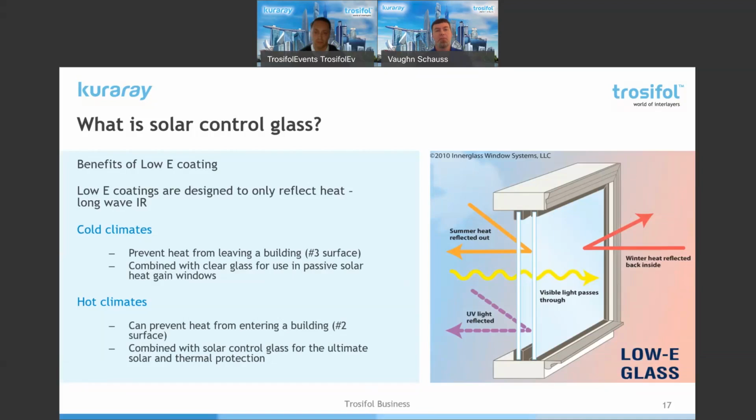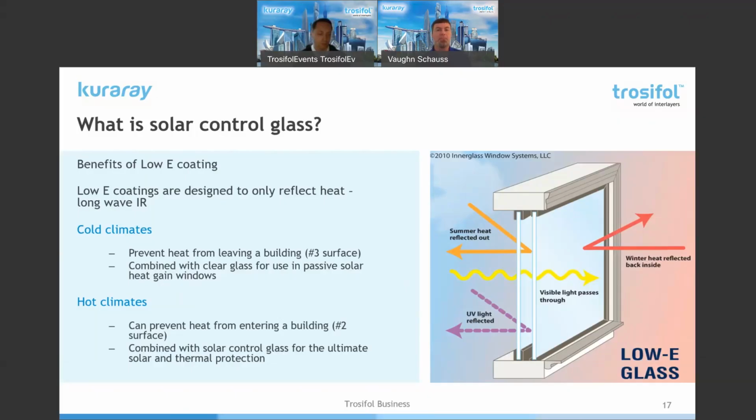In that case, you could put a low E coating on the number 3 surface, and that would prevent the heat from exiting the building. It will reflect the heat back into your building. You can also combine this with clear glass so that you have a passive solar heat gain window. So the sunlight can come through, and then it'll be trapped in there because the coating won't let it escape.